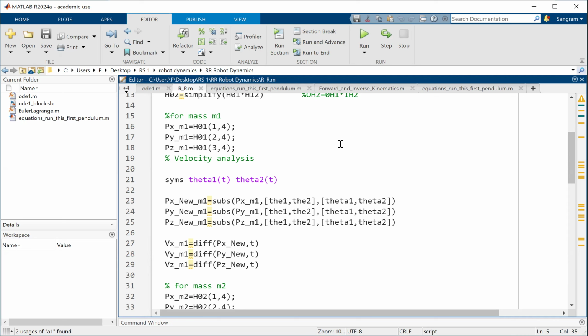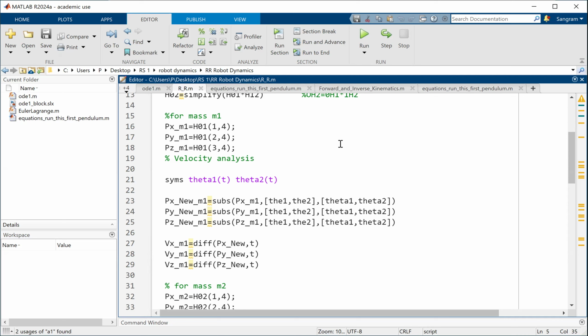So I'm specifying theta 1 in the parentheses t, theta 2 in the parentheses t, telling MATLAB that my independent variable is time, which is t, and my dependent variable is theta 1. And I'm substituting THE1, THE2 by theta 1 and theta 2.